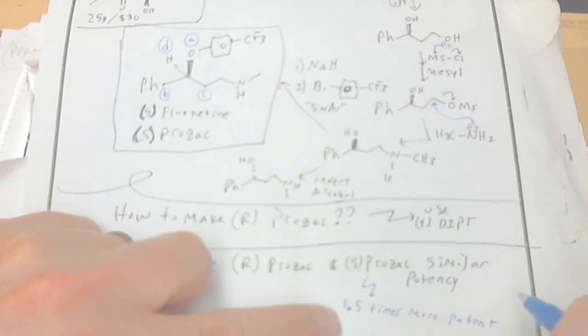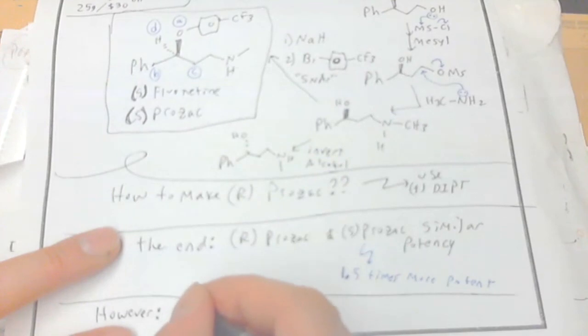Is that good enough to start a whole new drug with clinical trials and everything, in order to create a new patented drug that's not generic? Not really, but there is something else that's interesting.